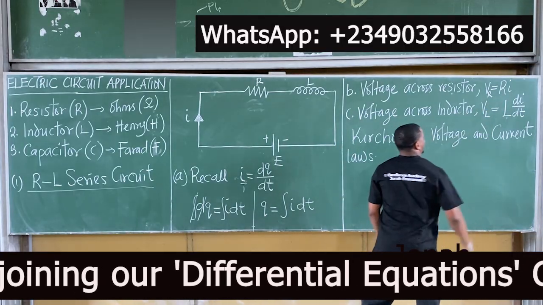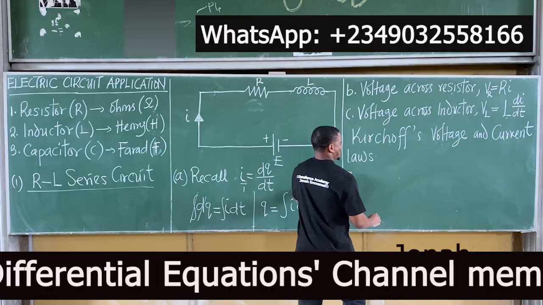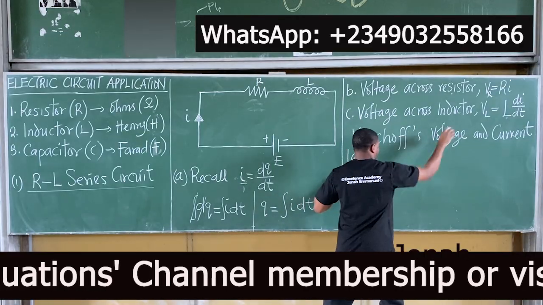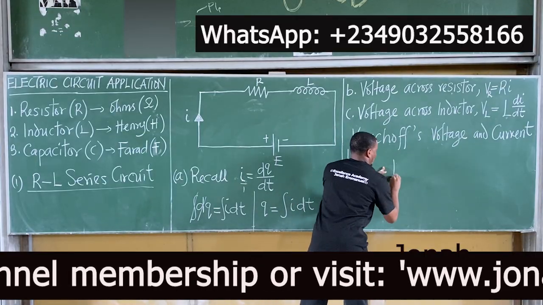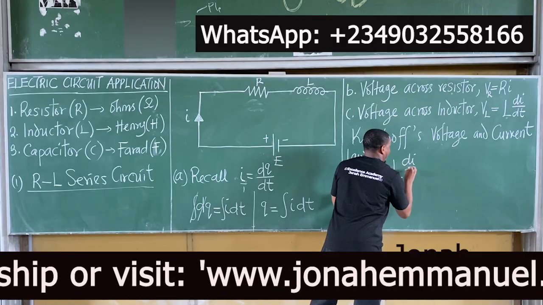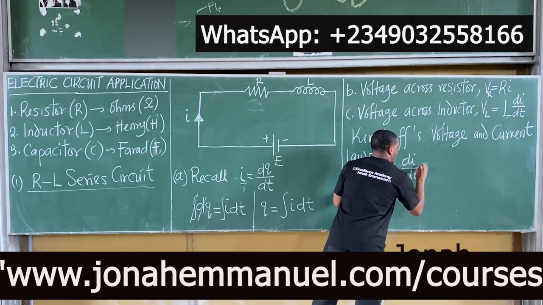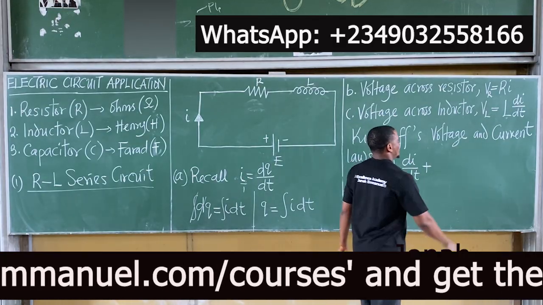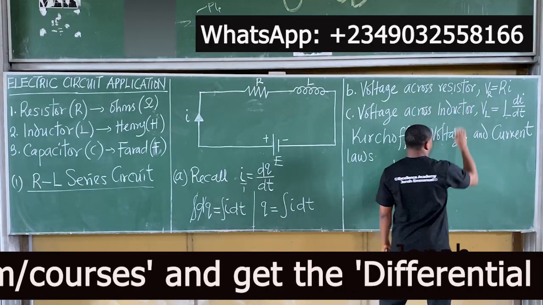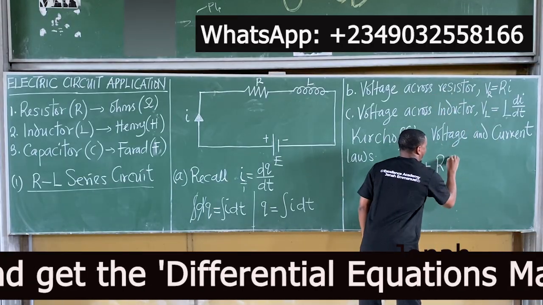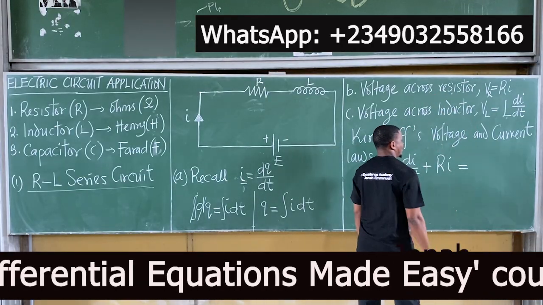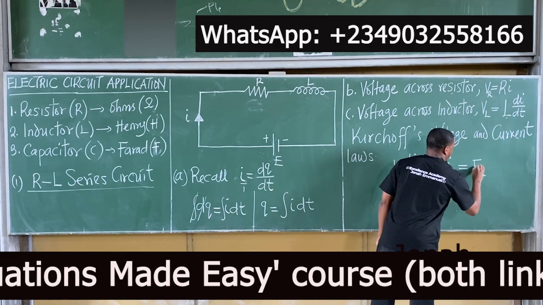This. So the voltage drop for the inductor is given by L dI/dt, plus the voltage drop for the resistor, which is Ri, is equal to what there? The electromotive force. You have E.